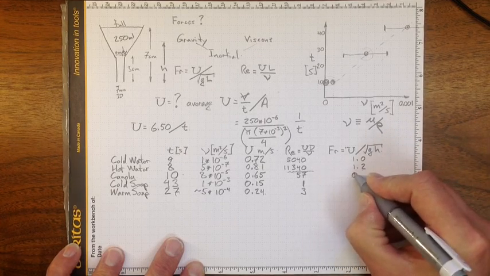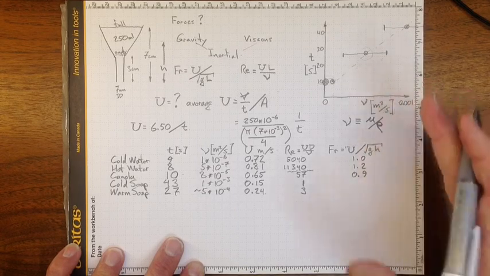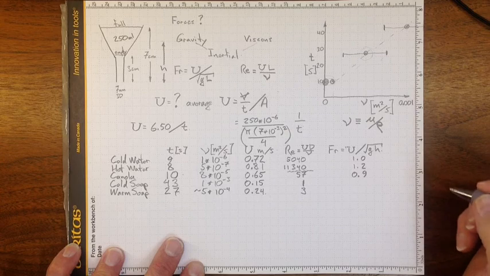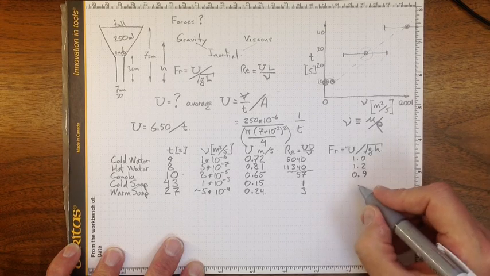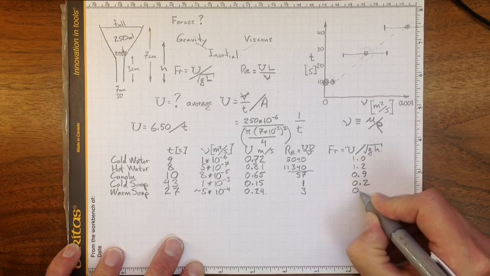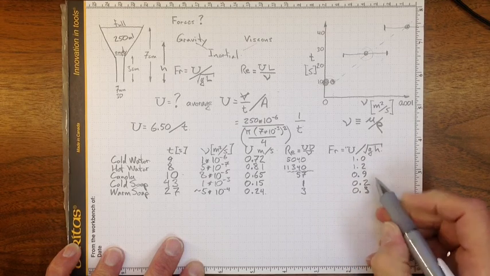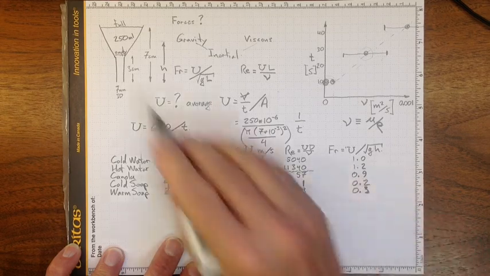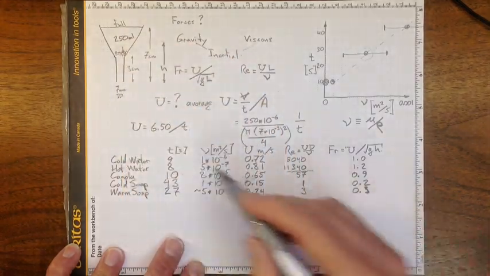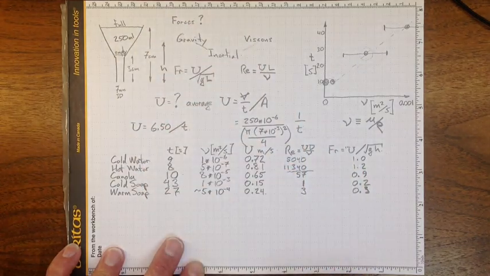And for the canola, 0.9, so still in the same order of magnitude, gravity versus inertia. Cold soap, 0.2, the warm soap, 0.3. Much lower conversion from gravitational potential energy into inertial kinetic energy of the velocity.